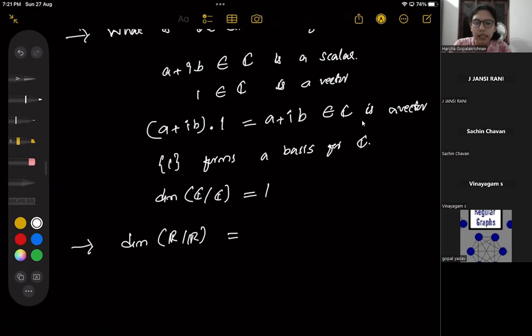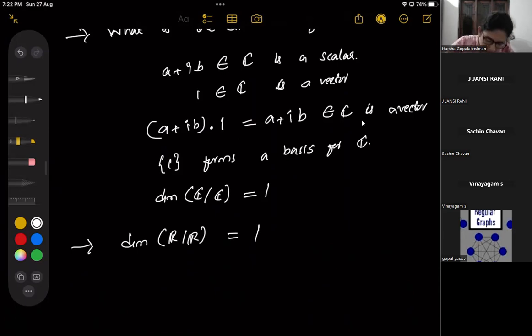Yeah, the same is happening here for R also. Like I'm taking any element in R, say some c in R, I can write it as c into 1. So the element 1 itself generates or spans the whole of R. So the dimension of R over R is also 1.